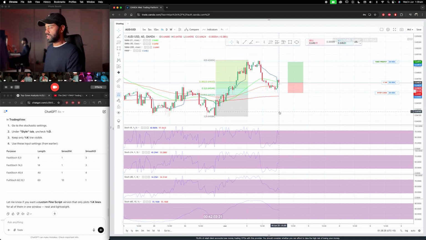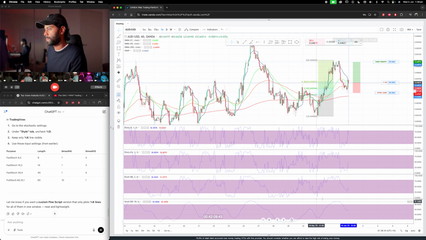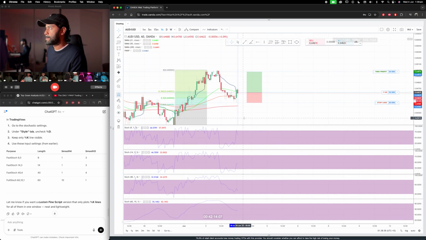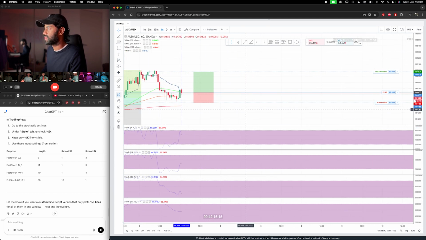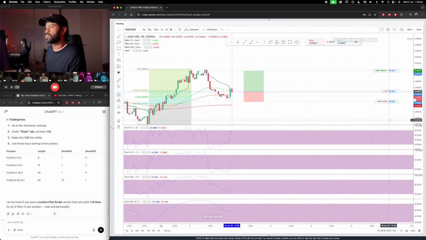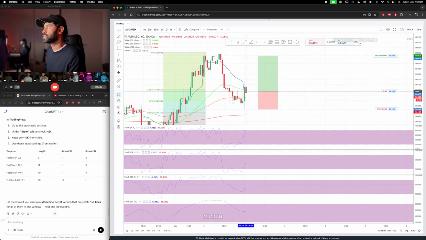Okay, so I've entered here. That's actually a good entry in my book, if you ask me why, because if it breaks down below, if I win, it's a good 1:2 ratio.